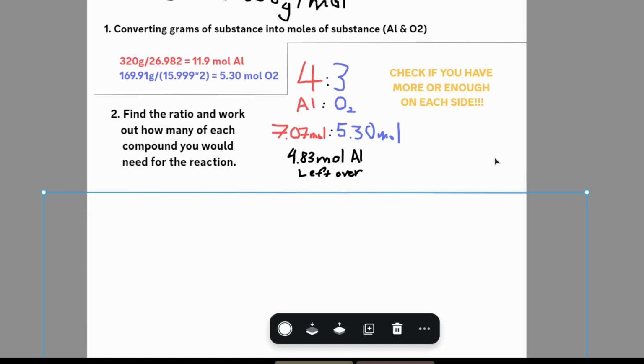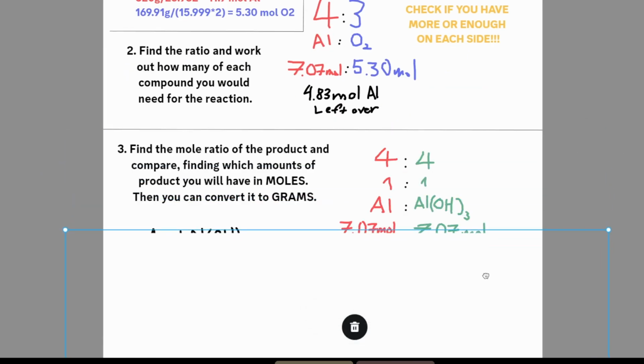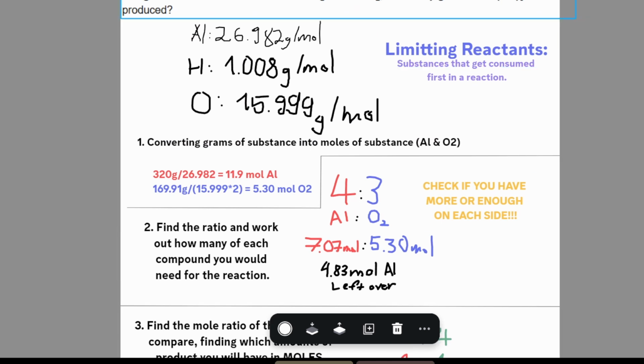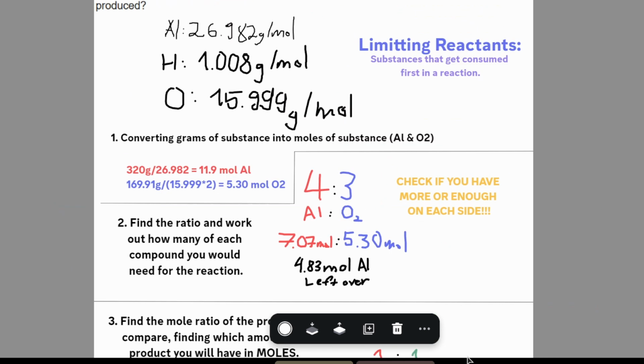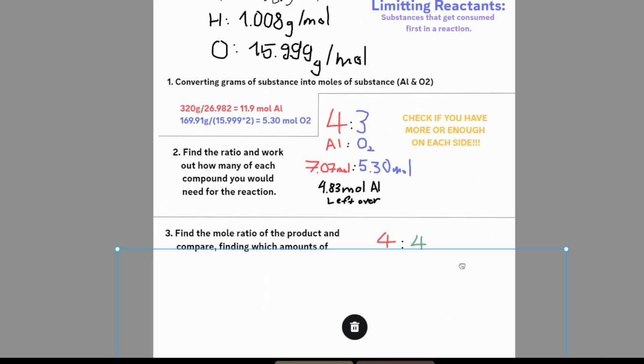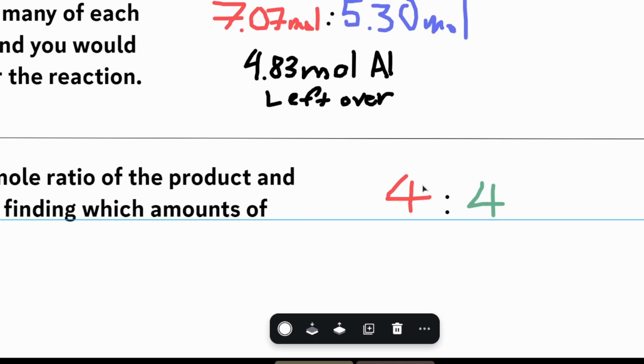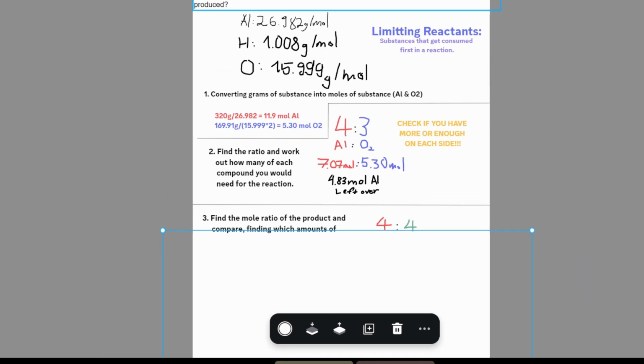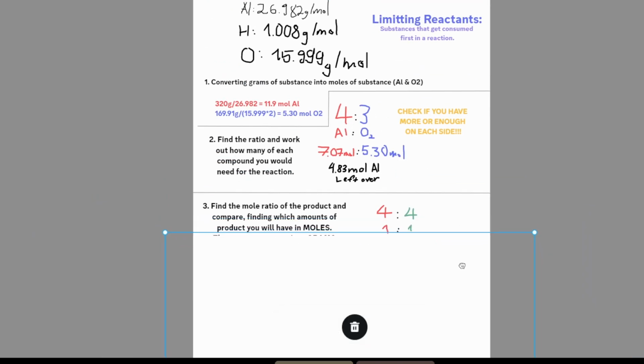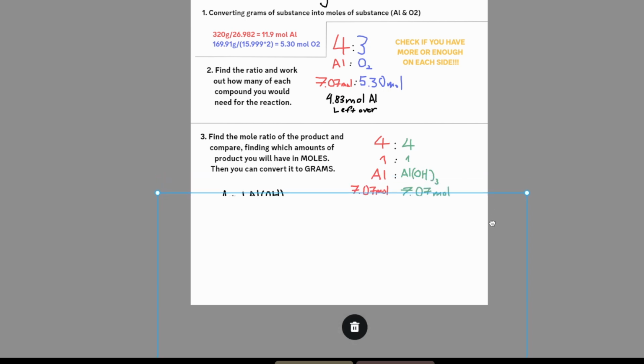And so for the next step, remember that we're trying to find aluminum hydroxide. So the ratio of aluminum hydroxide is 4 to 4 up here, so it's basically 1 to 1.